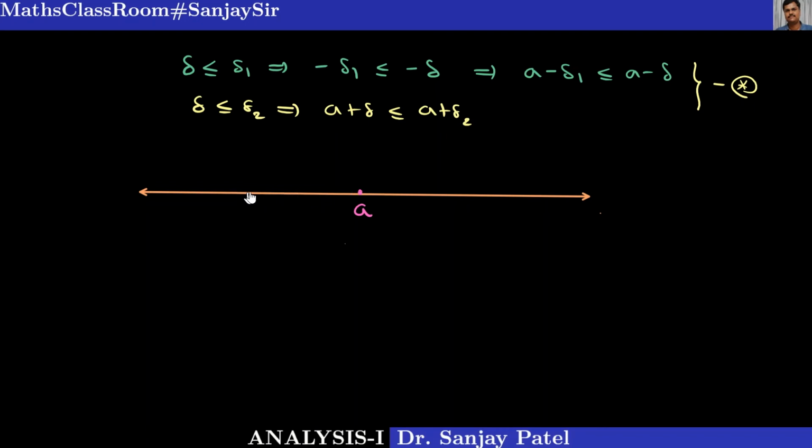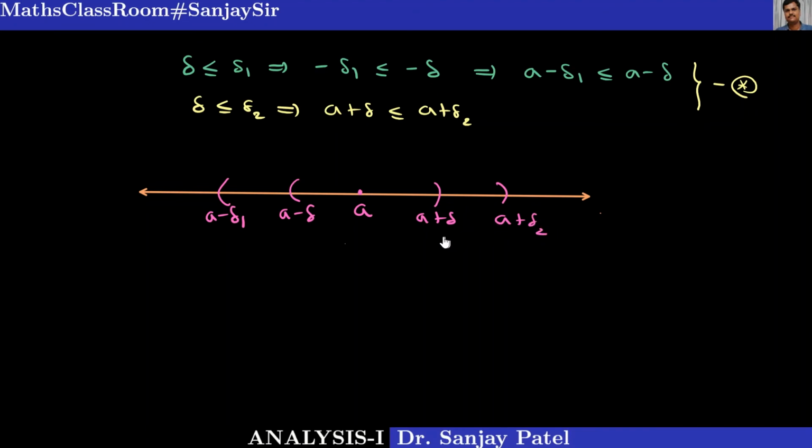So it will be definitely on this side. So a minus delta 1 is here, a minus delta is somewhere here. Same way, a plus delta is less than a plus delta 2. And you know a minus delta is obviously less than a plus delta. So a plus delta will be somewhere here and a plus delta 2 will be somewhere here.